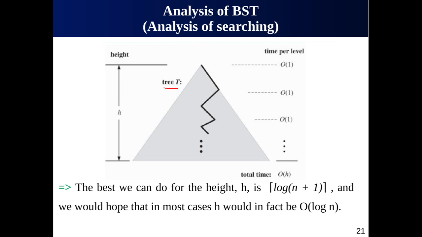Thus you can say that the number of such nodes is bounded by the height of the tree. It is h plus 1, where h is the height of this tree.